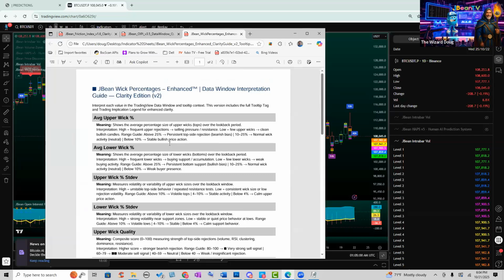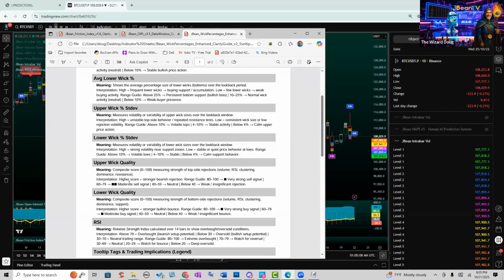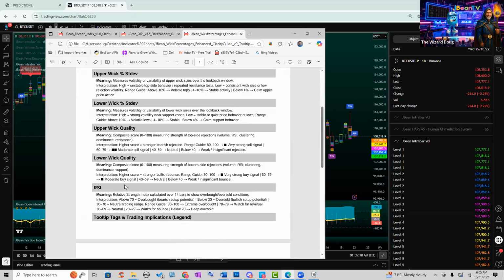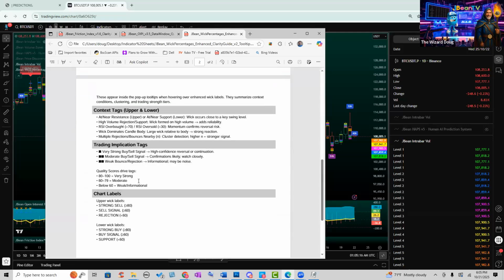It tells you exactly what each of the potential outcomes of the Wick indicator can actually mean to you, what the score means, what the numbers mean.